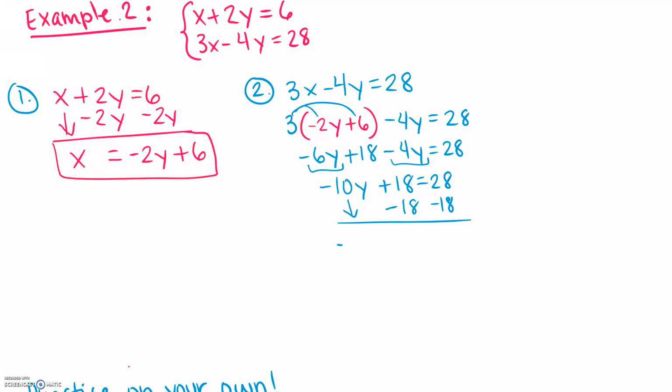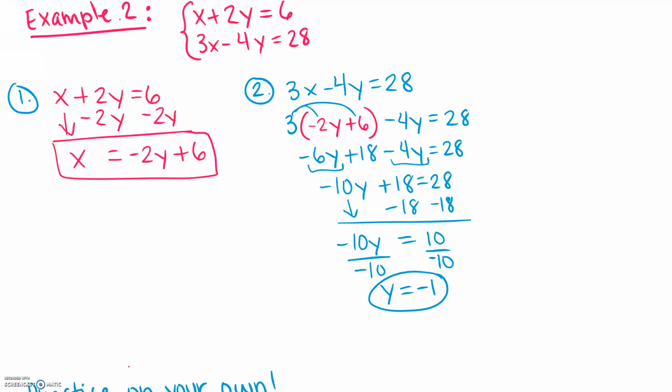Bring down our negative 10y. 18 minus 18 cancels out, and then 28 minus 18 gives us a positive 10. Next, we get our negative 10 away from y by dividing both sides by negative 10. Negative 10 divided by negative 10 just leaves us with y, and 10 divided by negative 10 is negative 1.